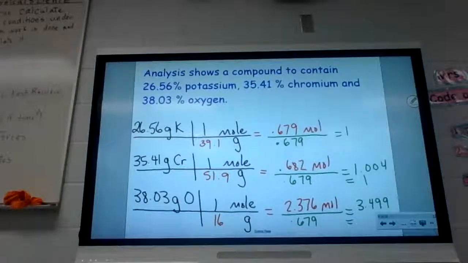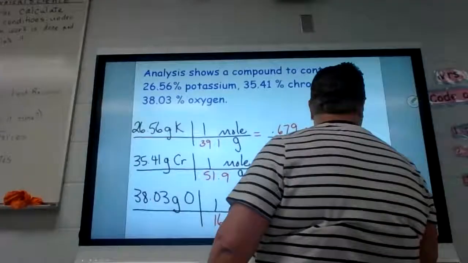Okay, so if we calculate it, when you see 3.49, or some of you might have gotten 3.5. What is 3.5? First of all, 3.49 is essentially 3.5.